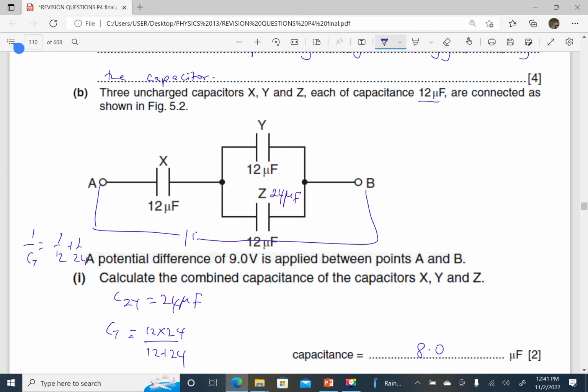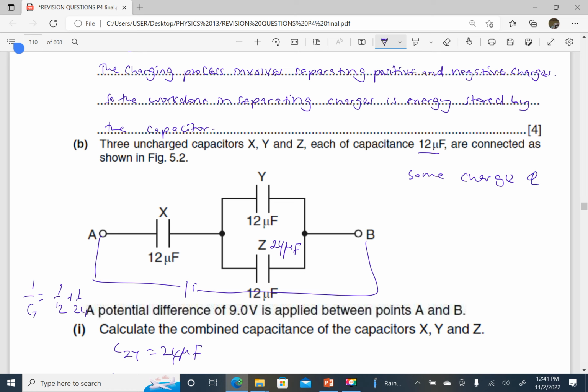Alternatively, you can use the concept of same charge to solve the same part. The total charge on X should be equal to the total charge on YZ, that is the total charge in the parallel combination.